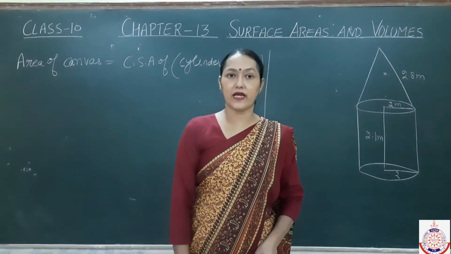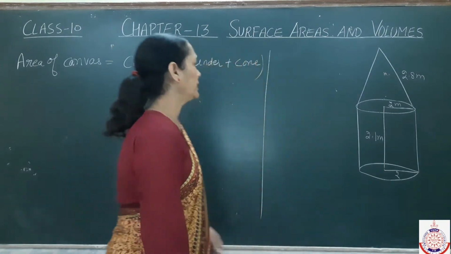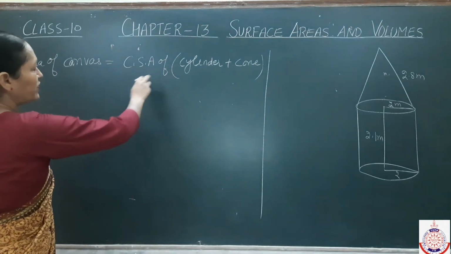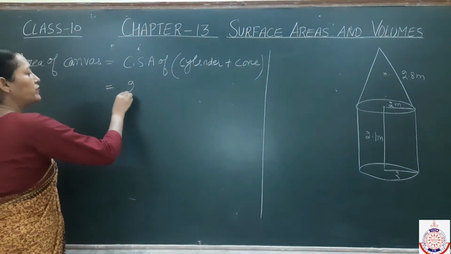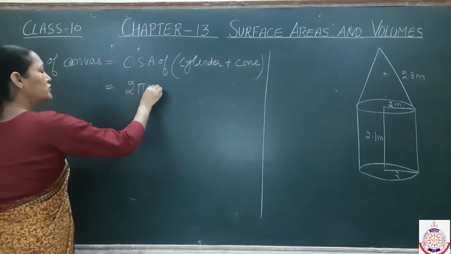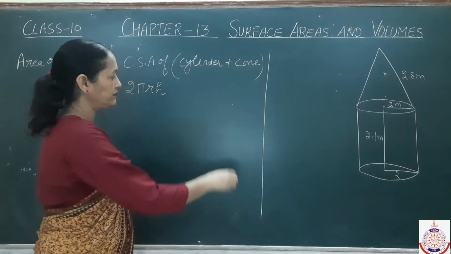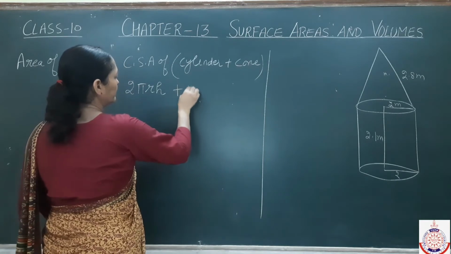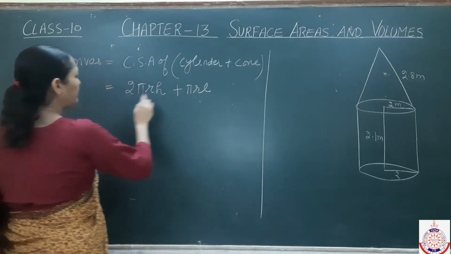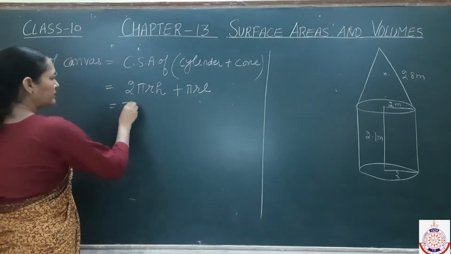So let us start calculating the area. CSA of cylinder is 2 pi RH and CSA of cone is pi RL. We can take pi and R as common.